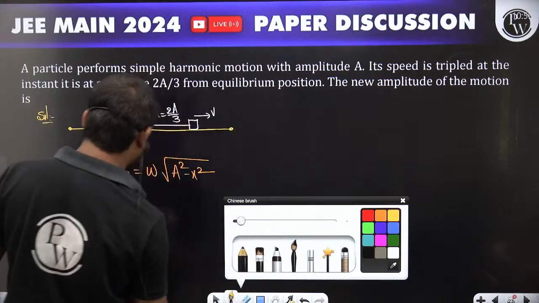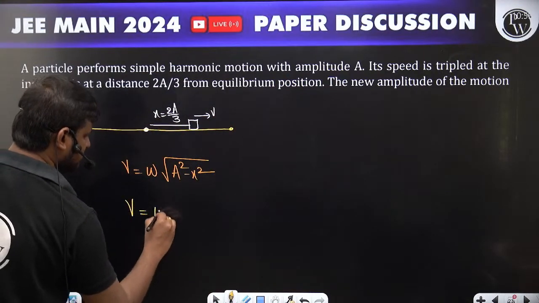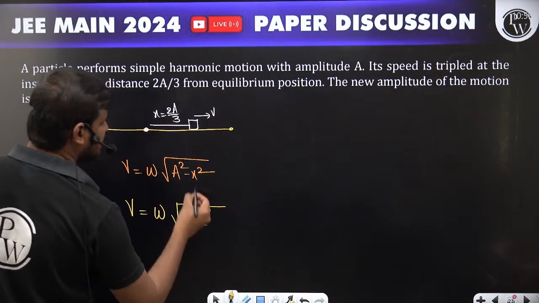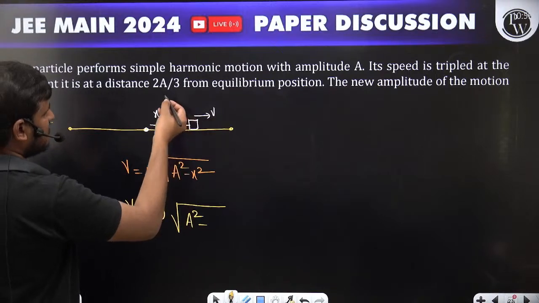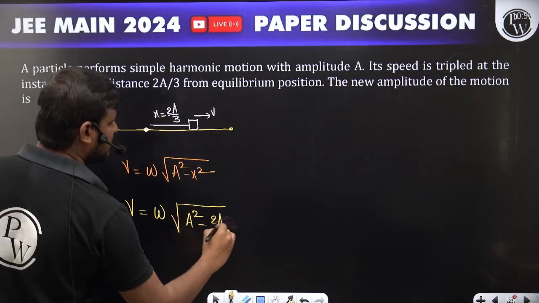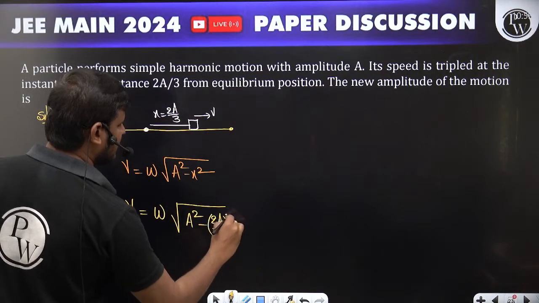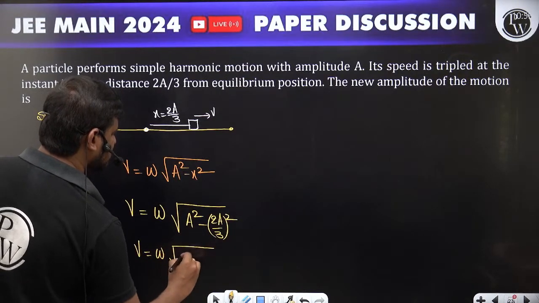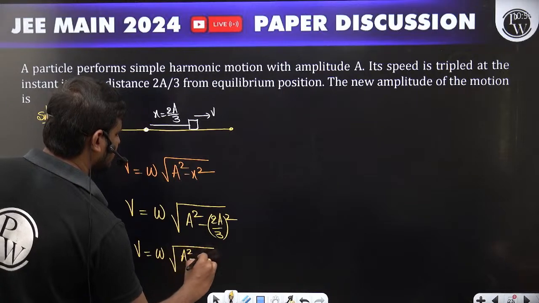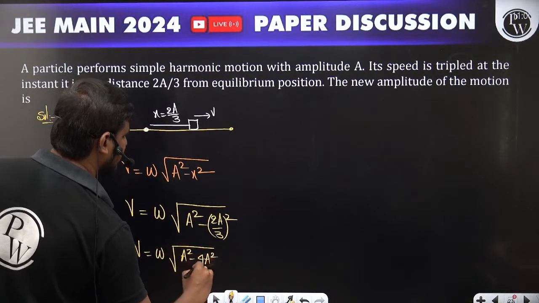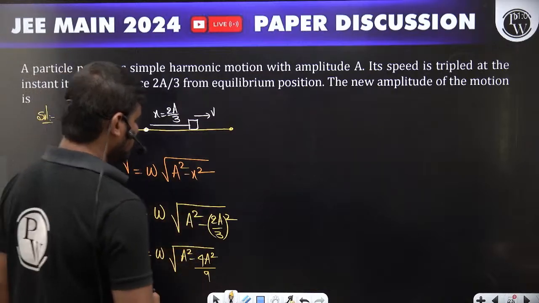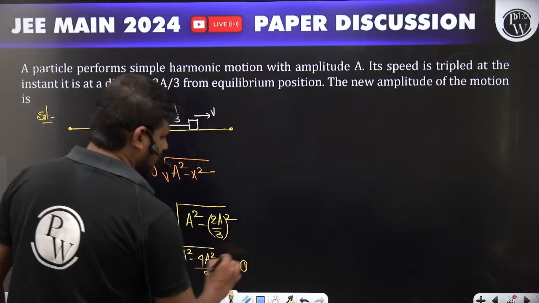So in the first scenario, v is equal to omega into square root of A square minus x square. What is x square? At a distance 2A by 3, whole square. So v is equal to omega into square root of A square minus 4A square by 9. Let it be equation number 1.